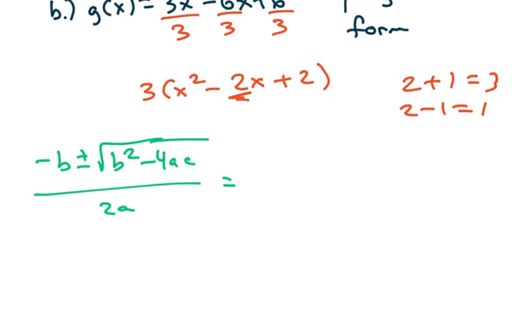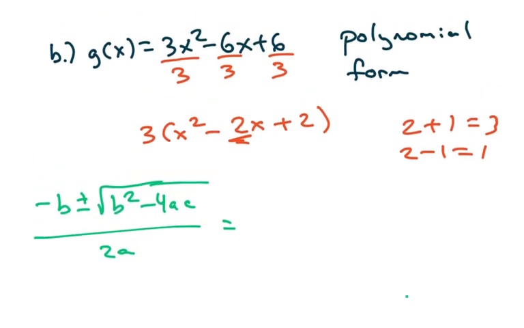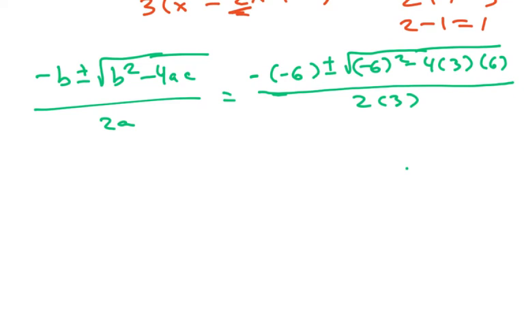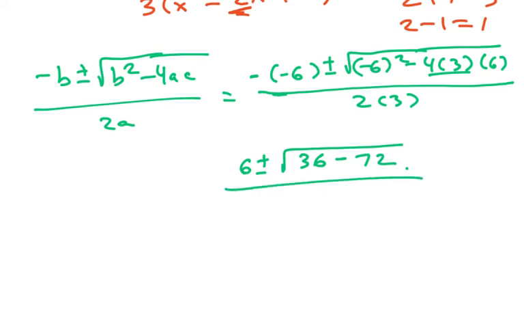If I plug in there, I'm going to get -6 plus or minus square root of -6 squared minus 4 times 3, c is 6, all over 2a, which is 3. So if I clean this, I get 6 plus or minus square root of 36 minus, now this is going to be 12 times 6, which is 72, all over 6.